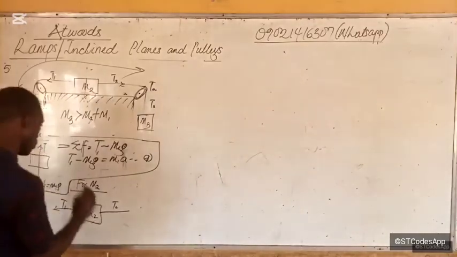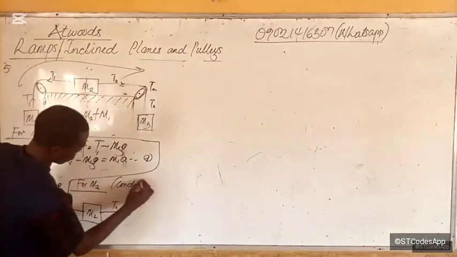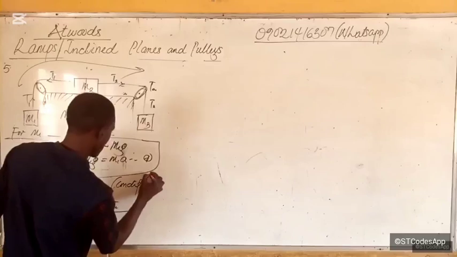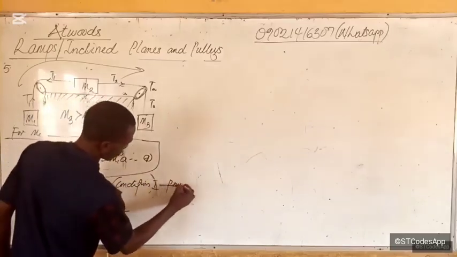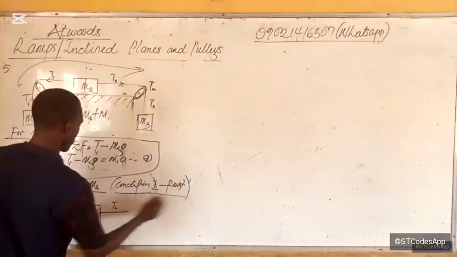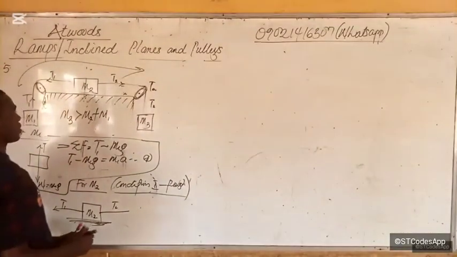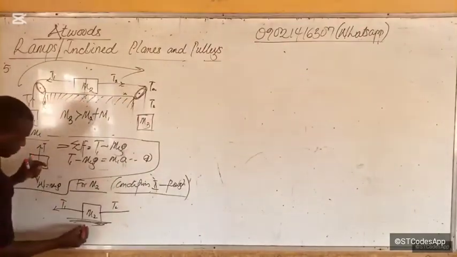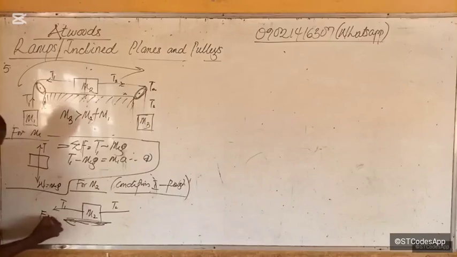So let's say condition 1, rough surface. So if this surface were to be a rough surface, then since motion is like this, friction will act in opposite direction to motion. That is F sub R, which is what?